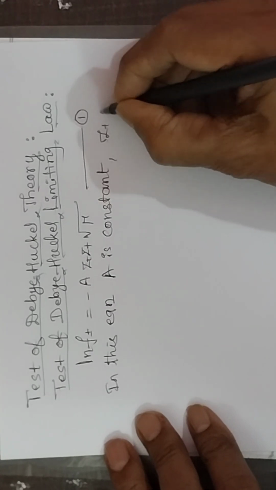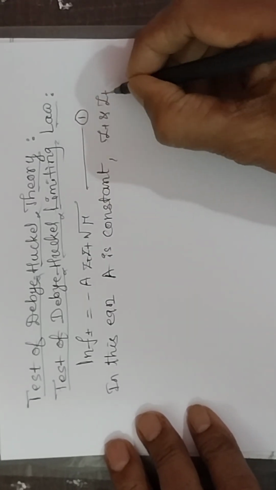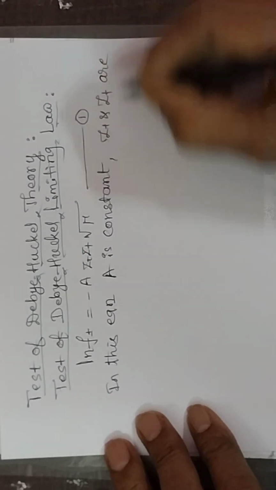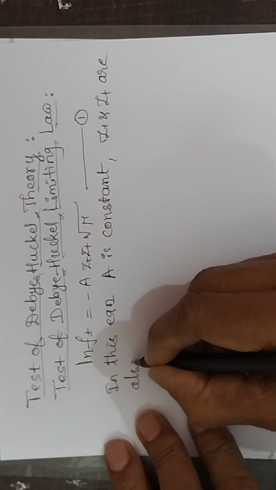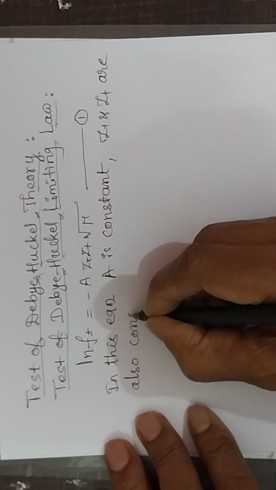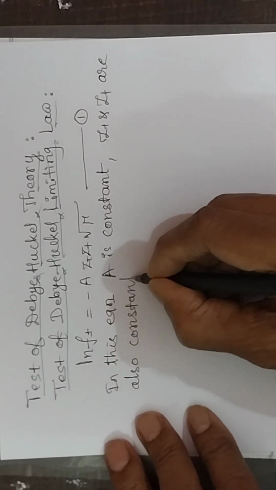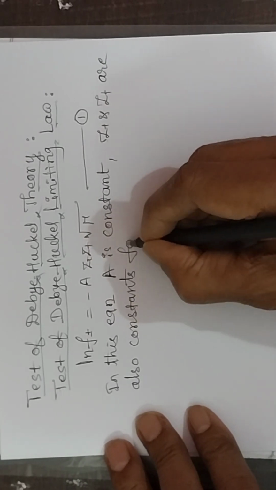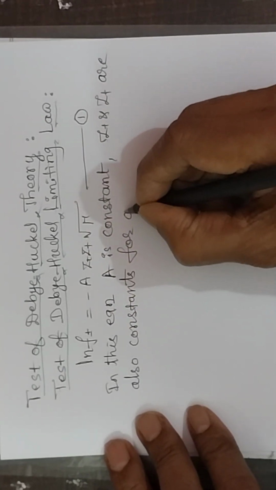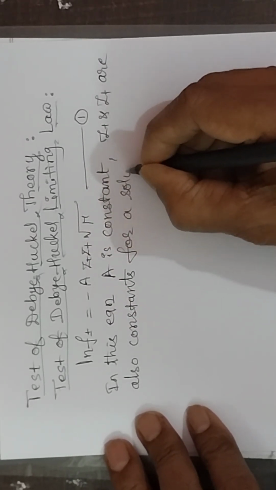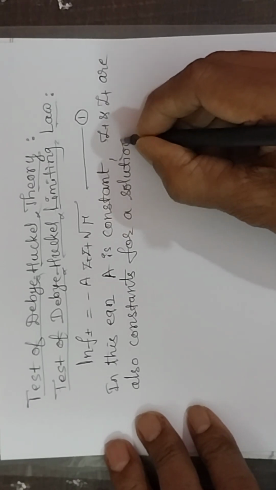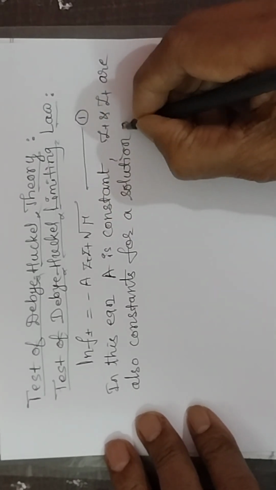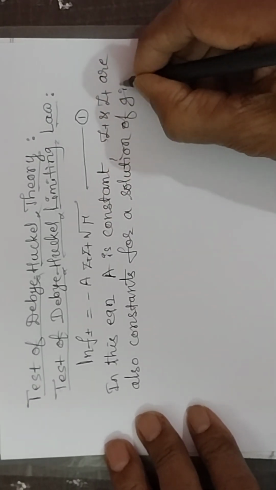Z plus and z minus are also constants for a solution of a given salt.